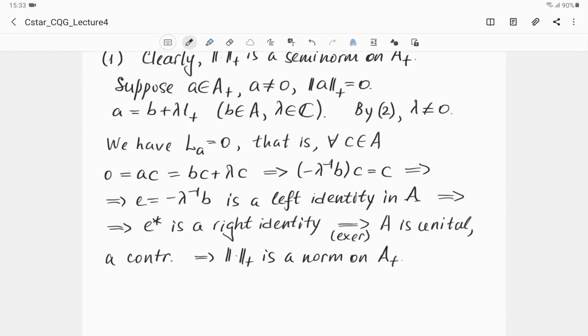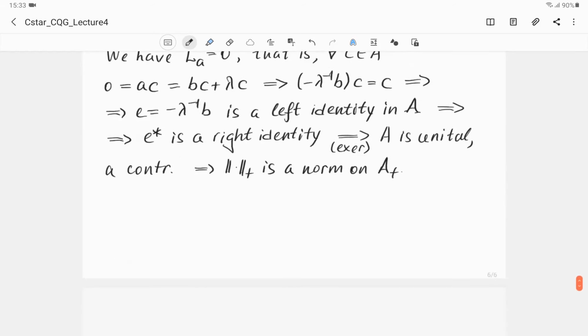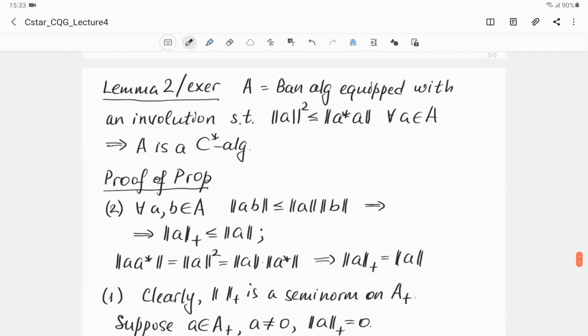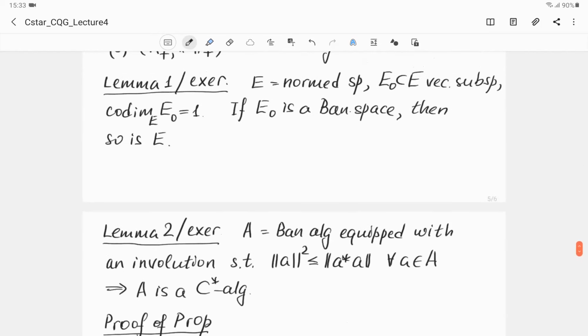Okay, so finally, we have to prove part 3, which states that unitization becomes a C-star algebra with respect to this norm. We apply lemma 1 to A+. So A+ is a normed space. It contains A as a codimension 1 subspace, which is a Banach space.